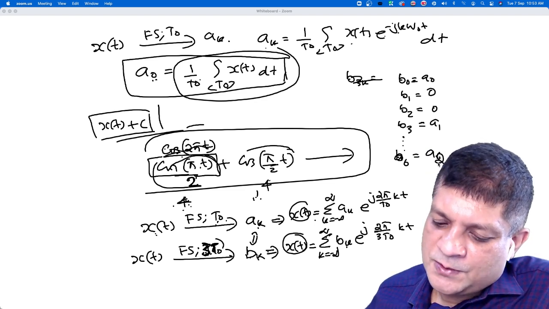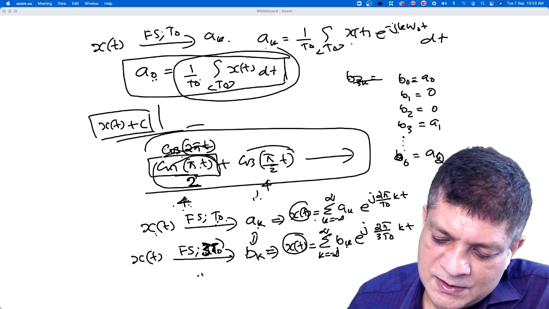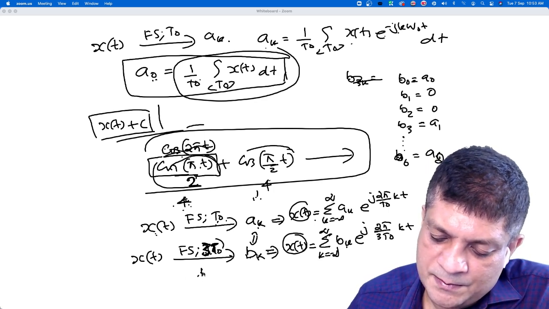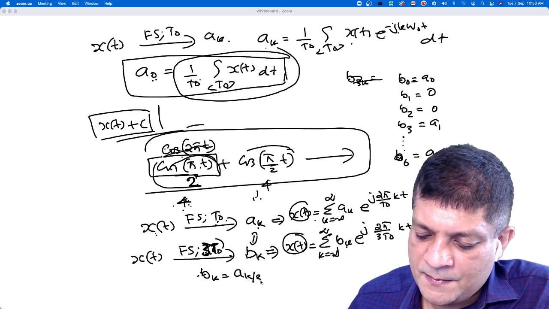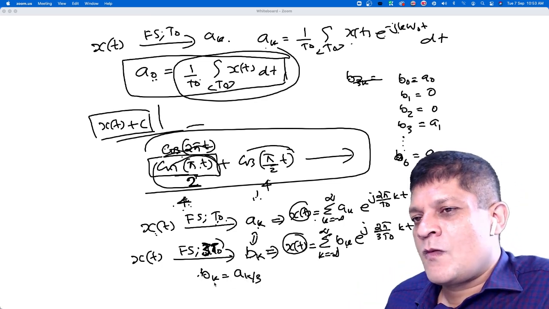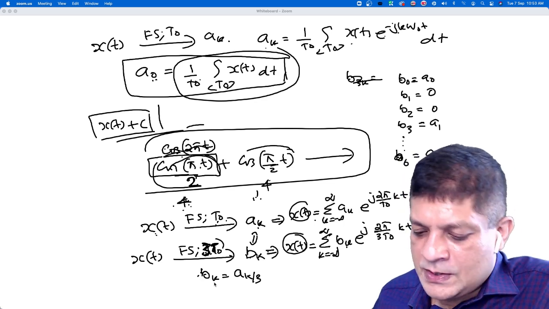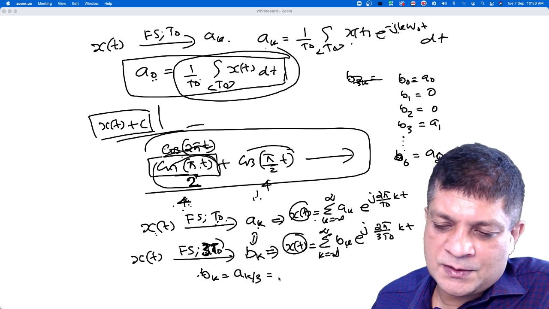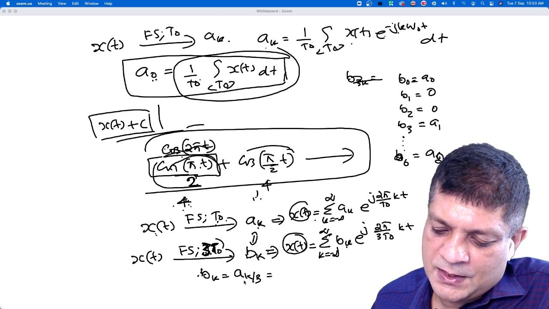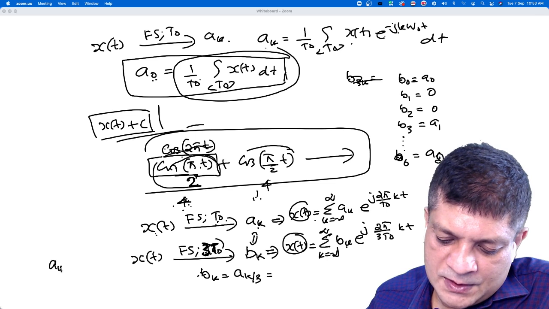So can we say that this b_k is equal to a_k by 3? What is the meaning of this? I think I have explained this when we discussed discrete time sequences.